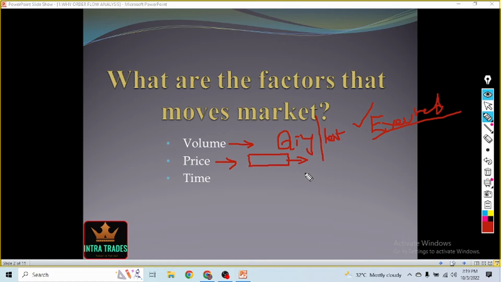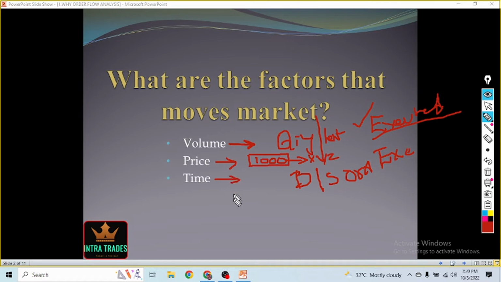To be clear, if you think this is 1,000 rupees of XYZ stock, at 1,000 rupees, what is the volume created? What buy or sell orders got executed?